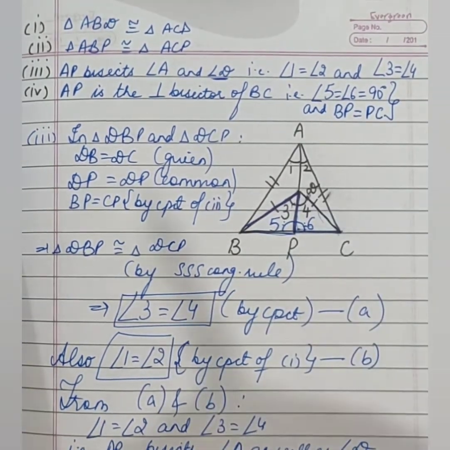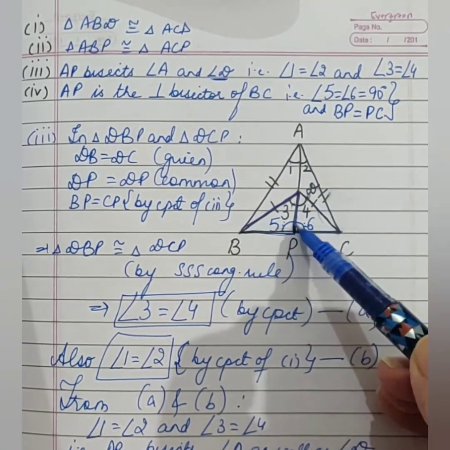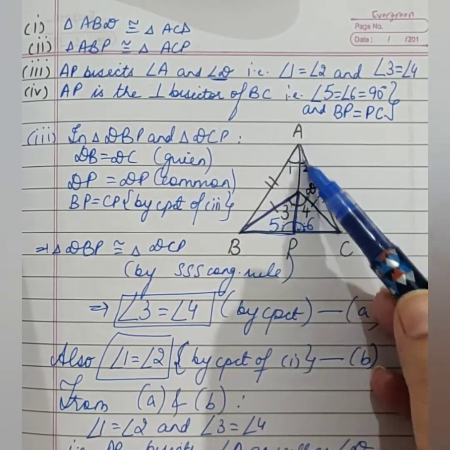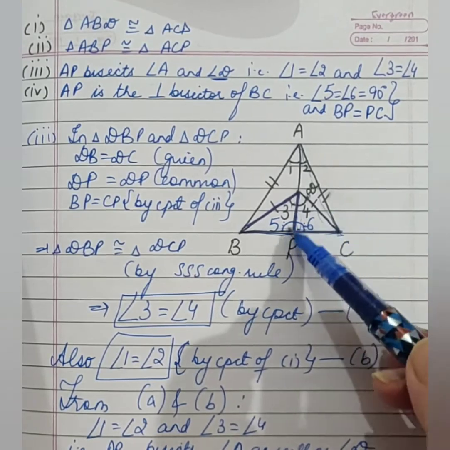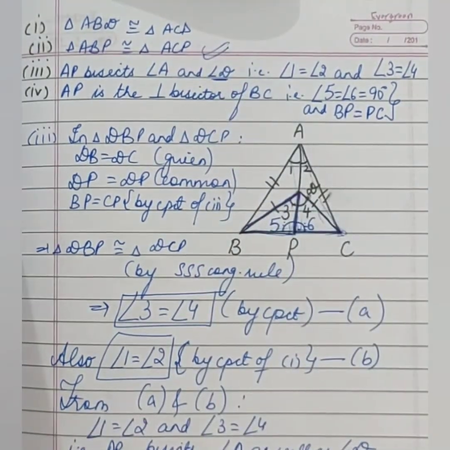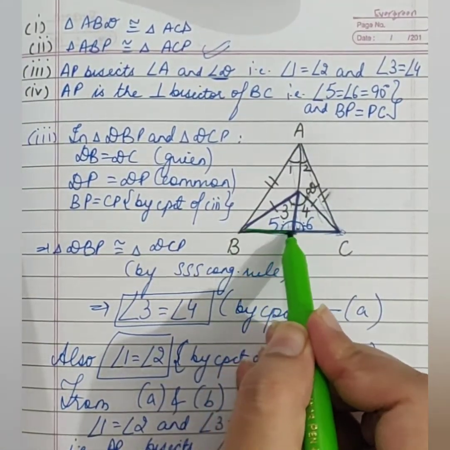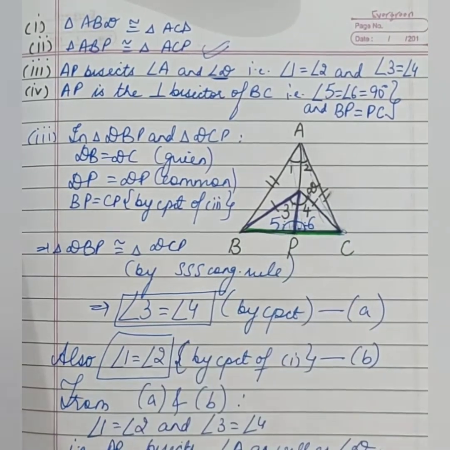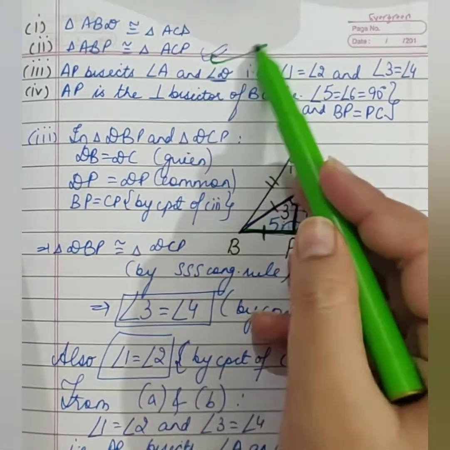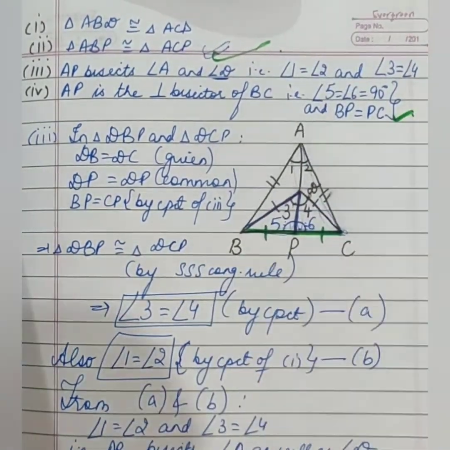Now see, I have proved this triangle ABP congruent to ACP. These two triangles are proved congruent in the second part. Now if these two triangles are congruent, then definitely by CPCT I can say BP is equal to PC. So BP is equal to PC can be proved this way.